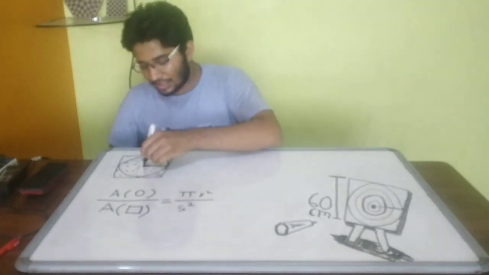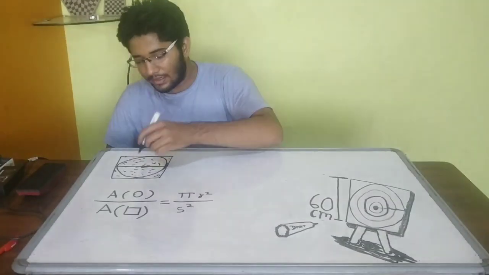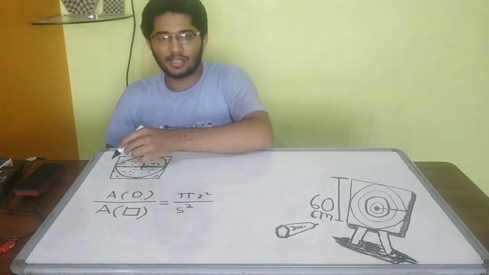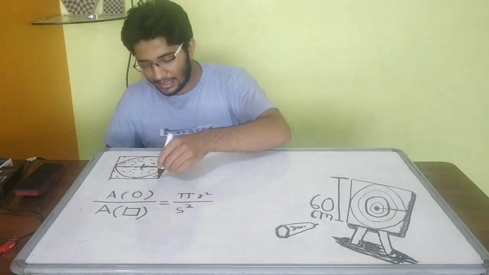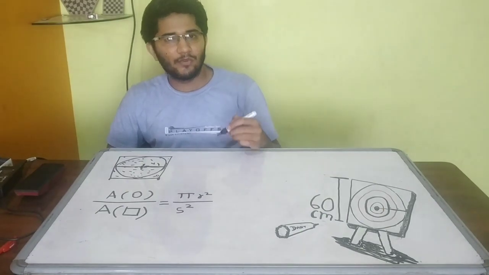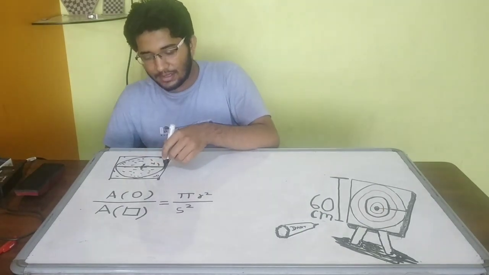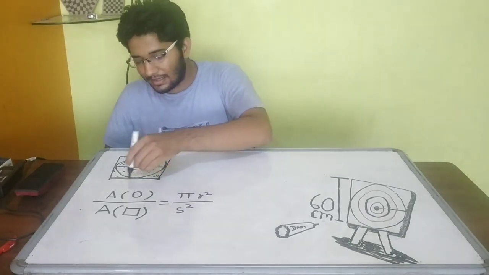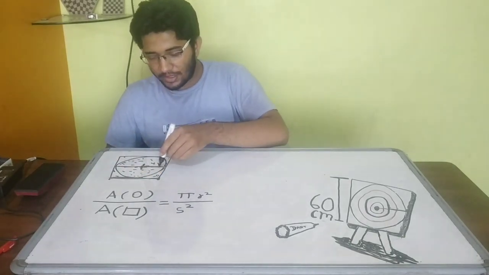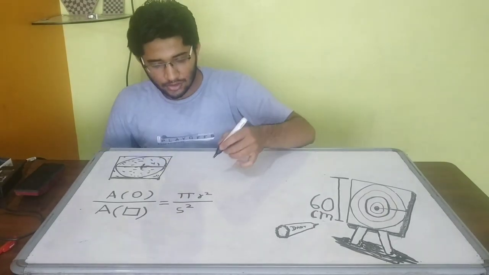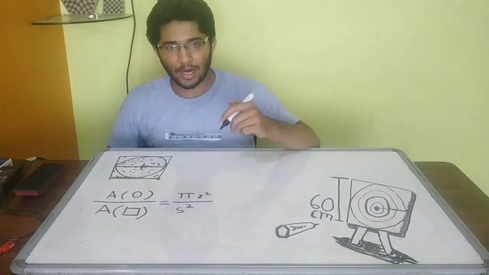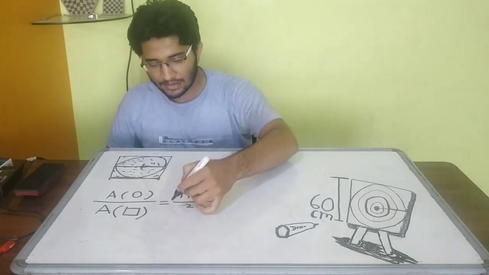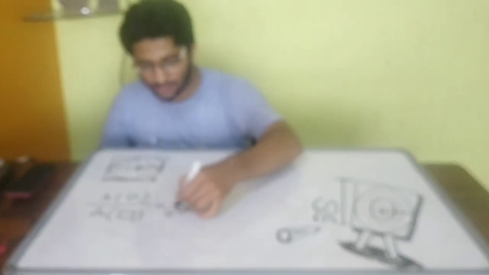We know the radius is just half of the diameter, and the diameter of the circle is the same as the side length of the square, which means the radius is half of the side length of the square, or the side length of the square is twice the radius of the circle.